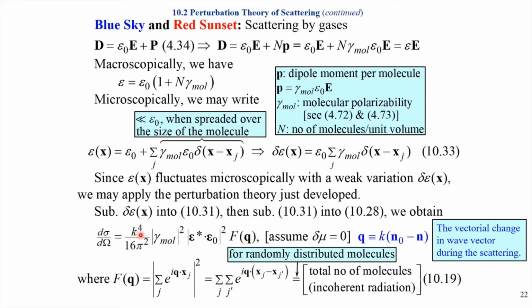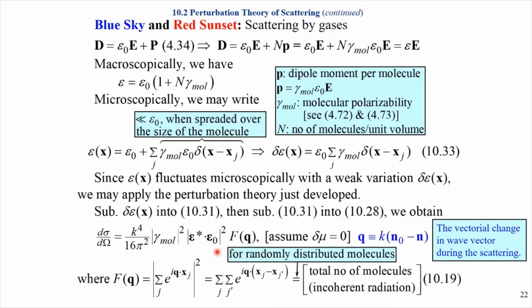First, let me explain. k is the wave number. Gamma is this one, the molecular polarizability. Epsilon is the polarization of the scattered wave. Epsilon 0 is the incident wave.